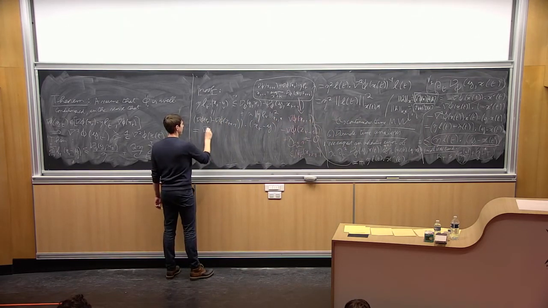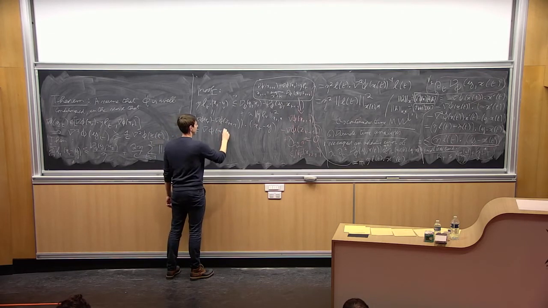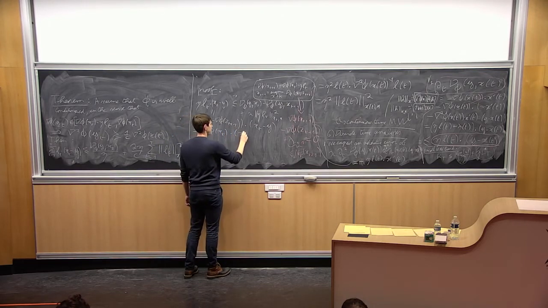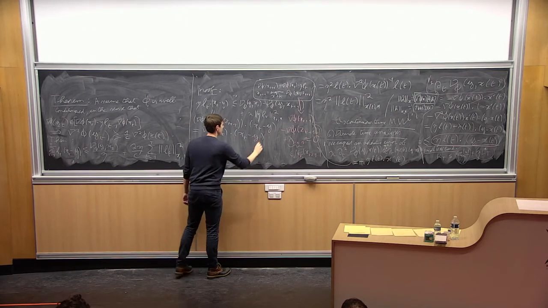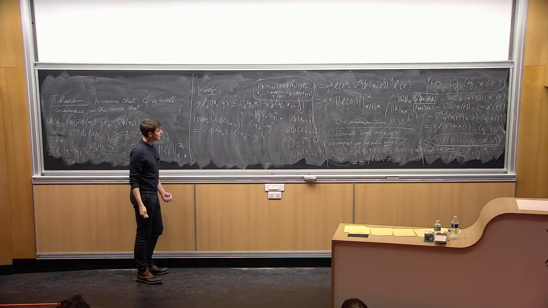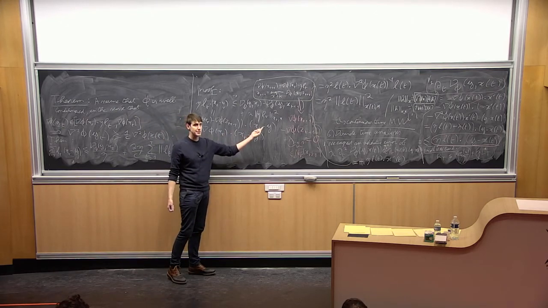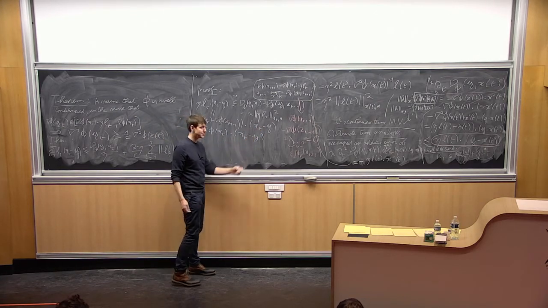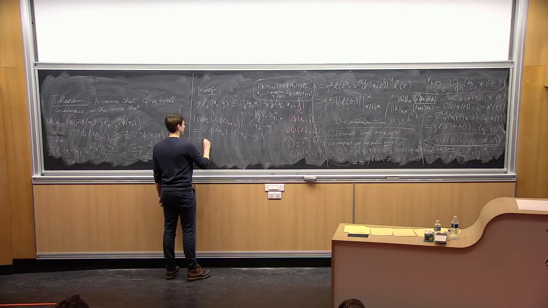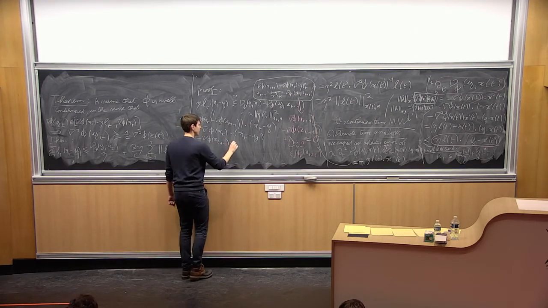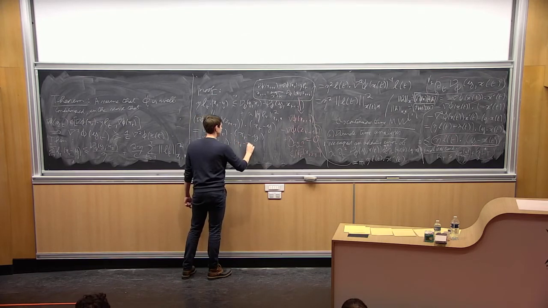We have grad phi of x_t dot x_t minus y. And then we have this term, minus grad phi of z_{t+1}. For this one, it makes sense to introduce minus x_{t+1} plus x_{t+1}, because that's what we know how to control. So we get minus grad phi of z_{t+1} dot x_t minus x_{t+1}.